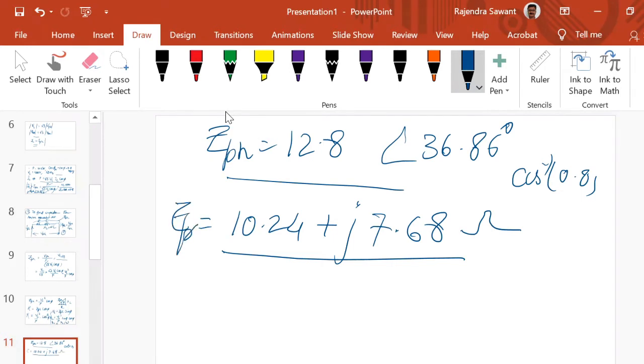This is the complex ZPH. From this we can conclude that R is equal to 10.24, and this is XL. L can be found from this, and we found L as 24.4 millihenry.